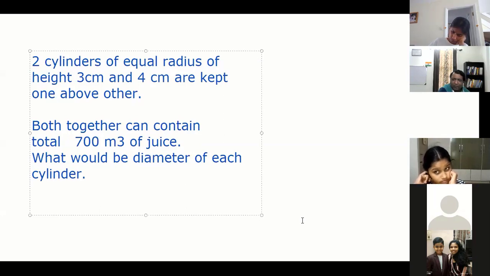Right, Pratibha. One above other, surmounted, yes. Siona says 4.5. Siona, 4.5 centimeter diameter, is it? I don't know the answer, I haven't checked yet.